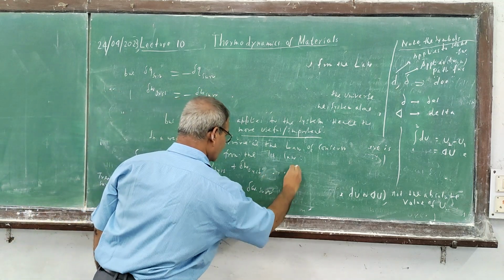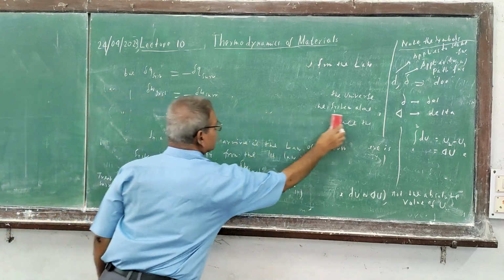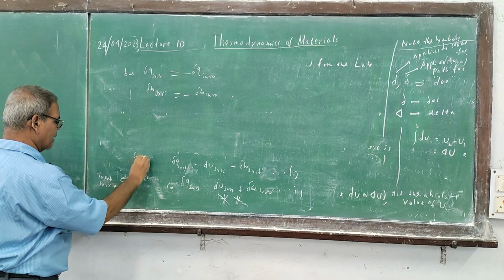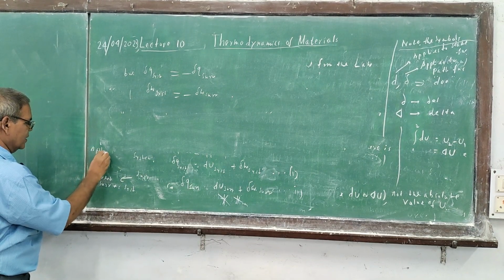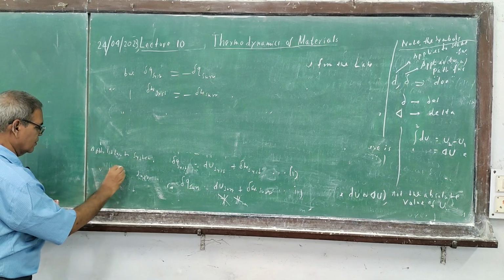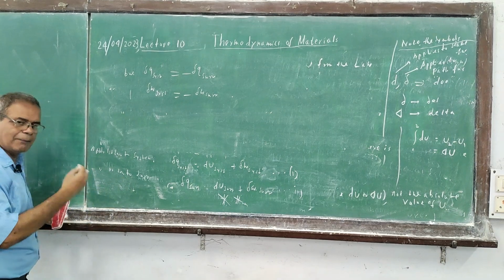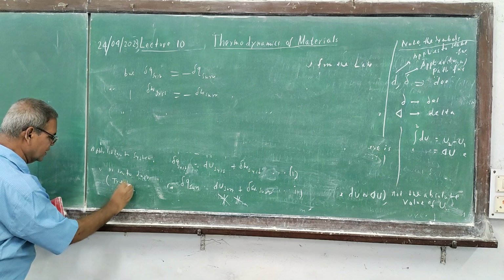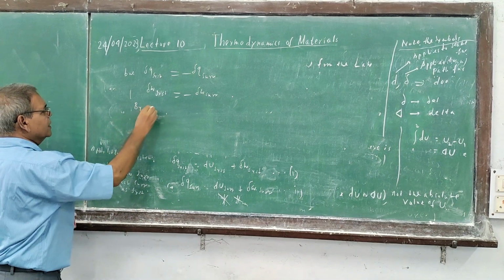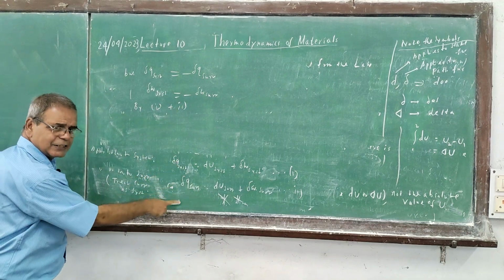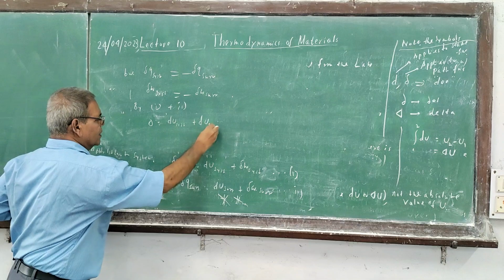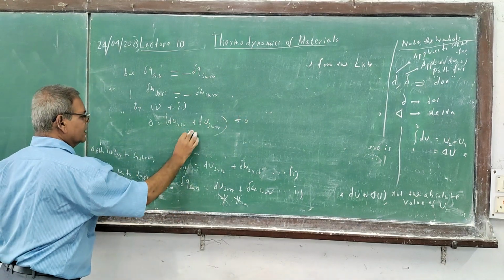Call these equation 1 and equation 2. Equation 1 is the first law applied to the system, and equation 2 is the first law applied to the surroundings, treating the surroundings as a system. Adding 1 plus 2, the heat and work terms together give 0. So 0 = du system + du surrounding, which is du universe.